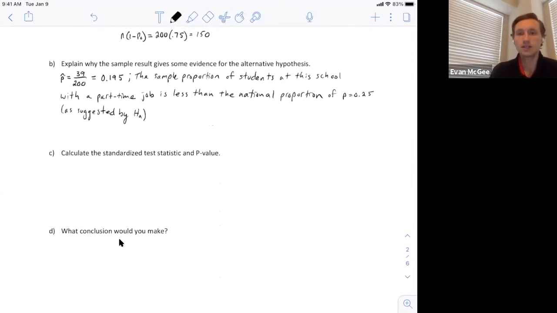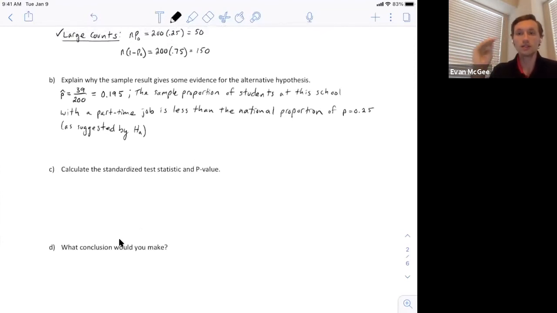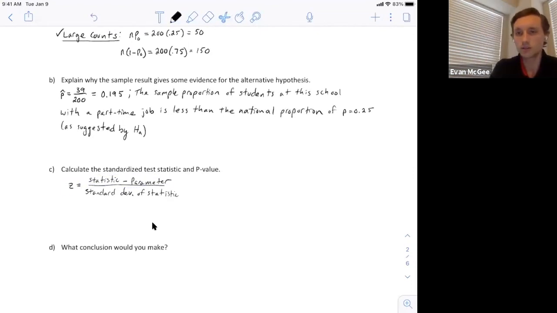Here we'll calculate the standardized test statistic and the p-value. So first, I always want you to find the test statistic and use that to calculate the p-value. So the formula for the test statistic is the statistic minus the null divided by the standard deviation. Later in the notes, you'll see this formula, but I want to show it to you right now.